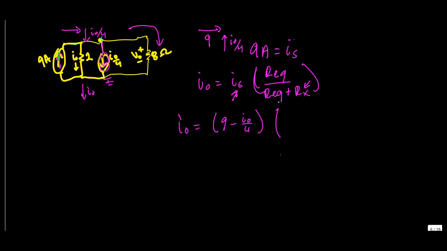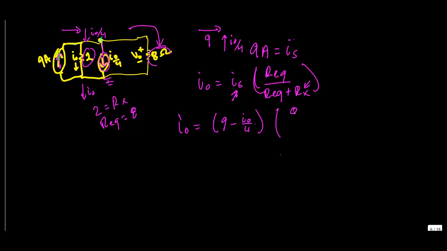Okay, and R equivalent in this case is just 8 ohms. And the reason it's just 8 ohms is because you don't want to say it's in parallel with 2 ohms, because we need the 2 ohms as Rx. So 2 is equal to Rx, and R equivalent is equal to just 8 ohms.